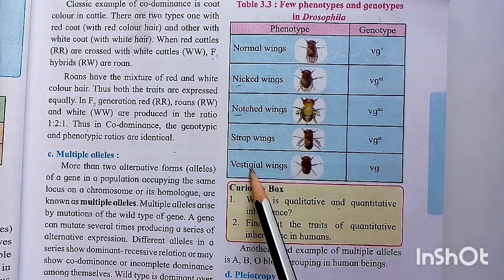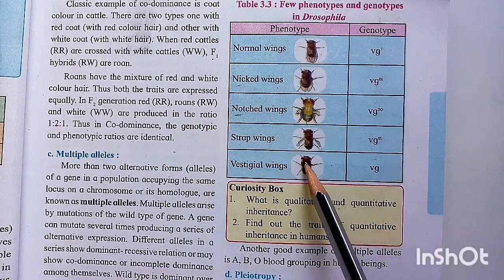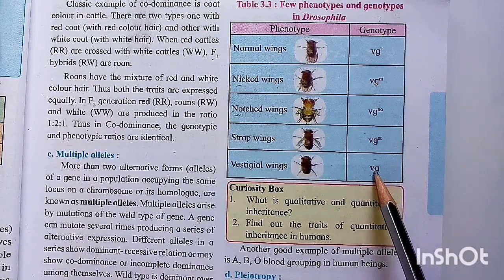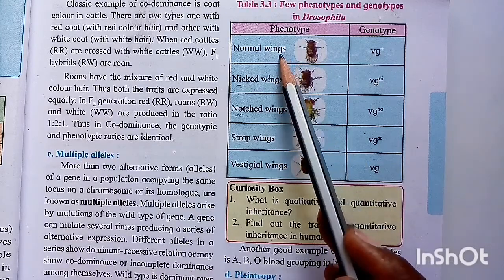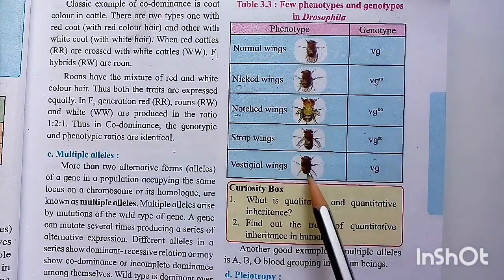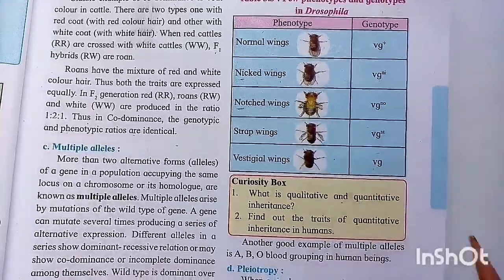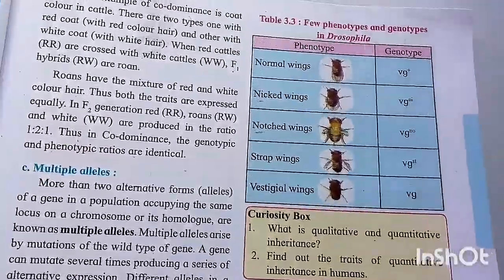Then the last one, vestigial wings, that is the insect will not have wings at all and it is denoted by VG. So this is the dominant one, and vestigial is the recessive trait. But intermediate characters or traits can also be seen. This was the first example.